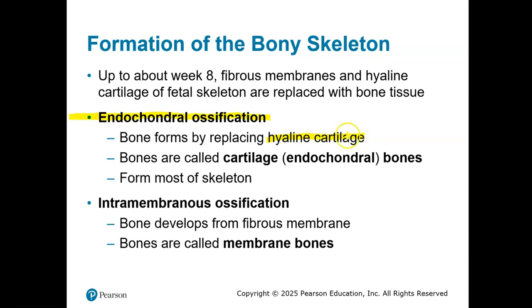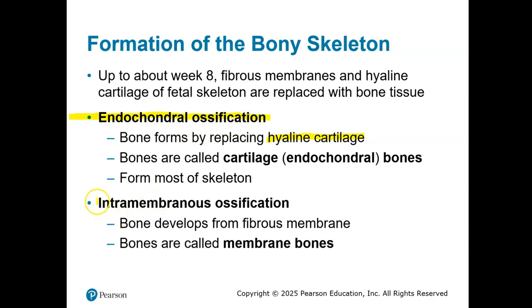And then over time, bone tissue will replace the hyaline cartilage. So that's why the word endochondral, because chondra means cartilage. So endochondral ossification is when the bones of the arms and legs and fingers and toes are formed.